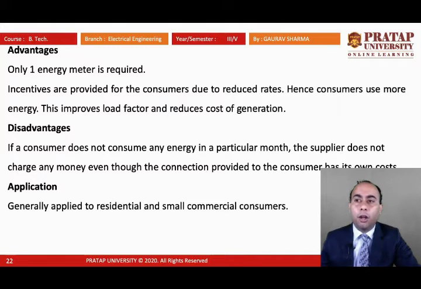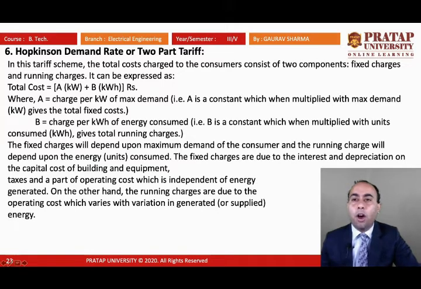So it has a drawback also. It definitely has a greater advantage, but it has a major disadvantage. If the consumer does not consume any electricity during the month or during a given time period, the energy cost will be zero.